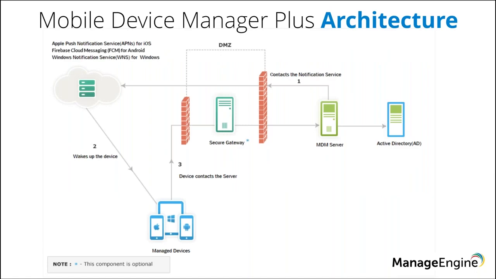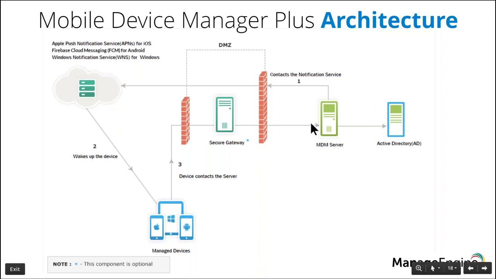And now, for the Mobile Device Manager Plus architecture. MDM has adopted a universal architecture which comprises three main components: mobile devices that are owned by you, the MDM service that is provided by us, and the notification services that are maintained by the device vendors, namely Apple Push Notification Service for iOS, Google's Firebase Cloud Messaging, and Windows Notification Services.